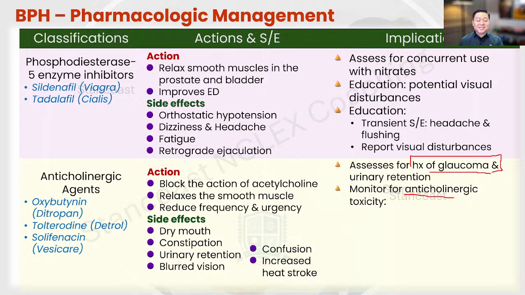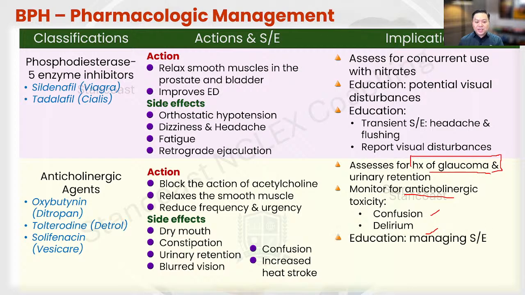So what is this? They're going to experience some confusion, delirium. Again, you have to check the patient's baseline cognitive function before you start this new medication, because this can lead to these problems.